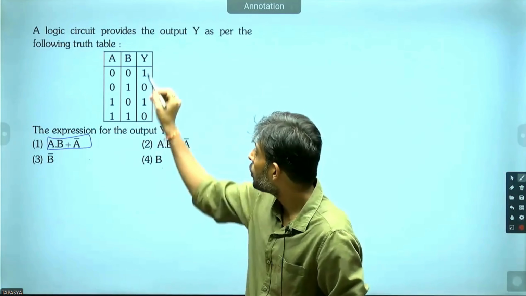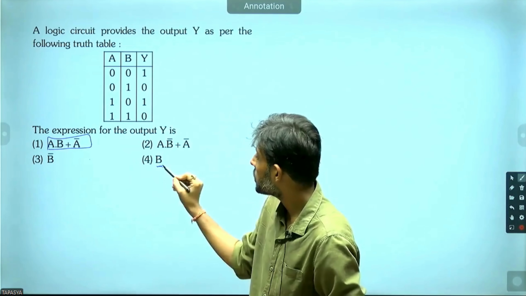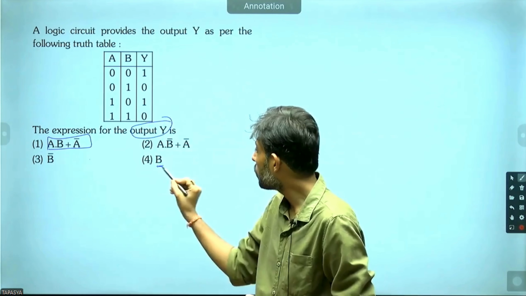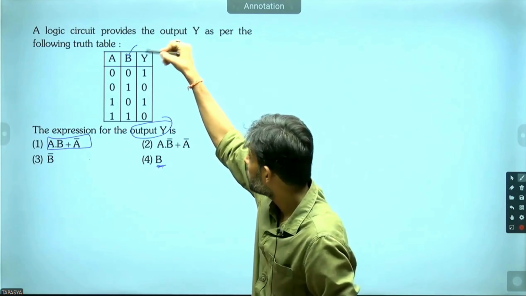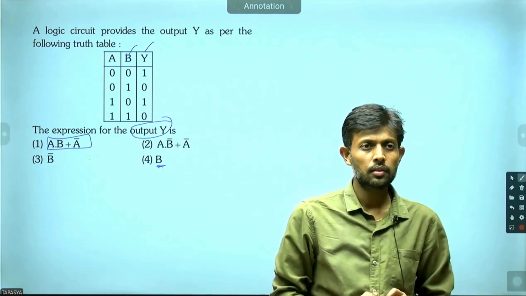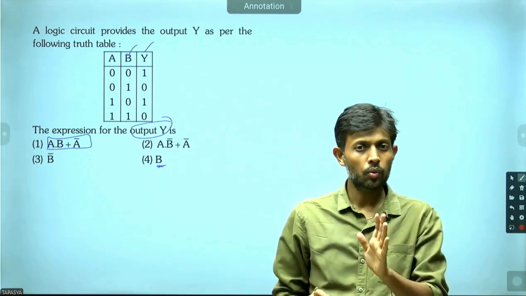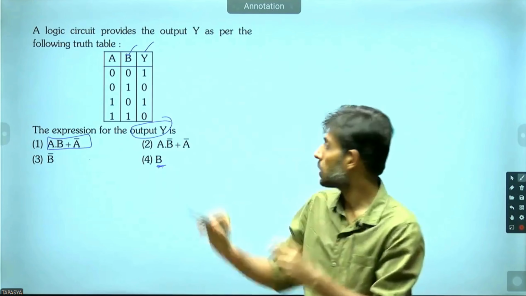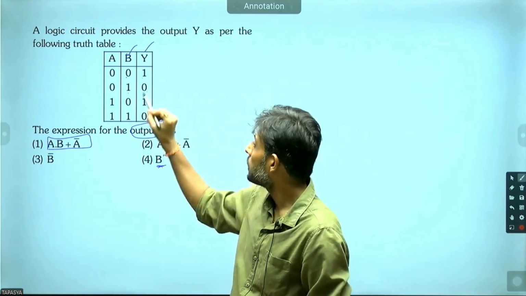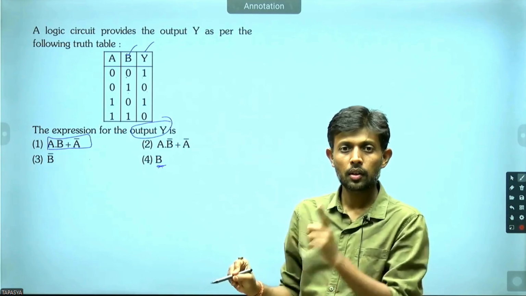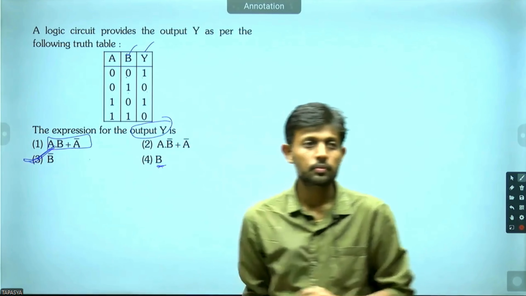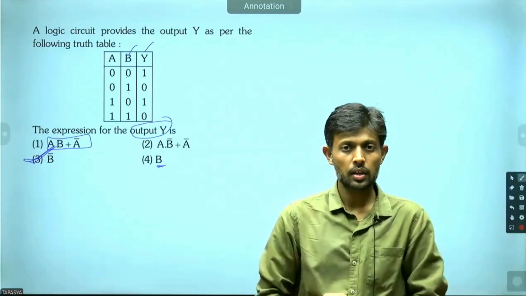It says that the output is the same as B. That's what option number 4 is saying, right? That your output Y is equal to B. Is that so? You will see no. Actually, it's just the opposite. Whenever B is 0, the output is 1. Whenever B is 1, the output is 0, and so on. So now we know this would be the answer. Simply, we know what the answer is.